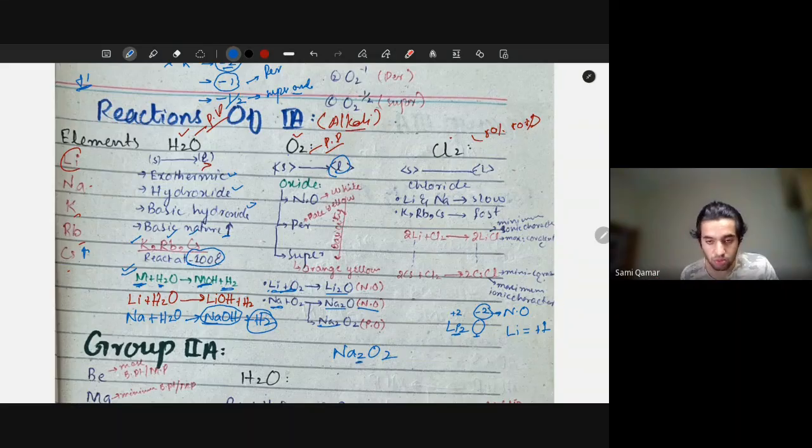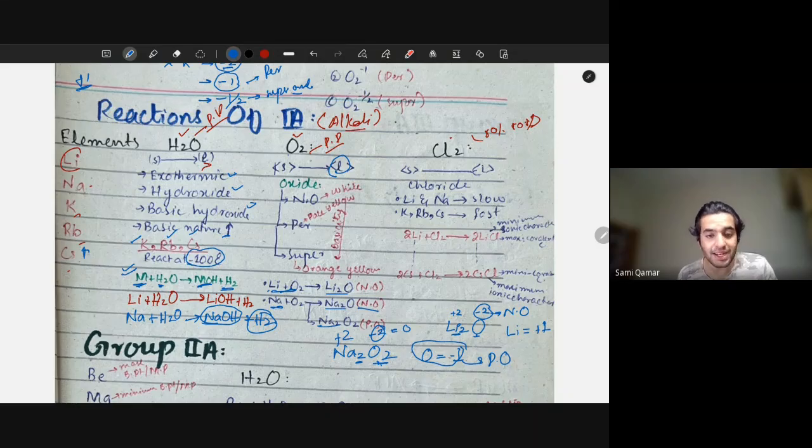So we have 2 sodium, so it will be having +2. The sum should be 0. So it means that the oxygens together are going to be -2. But now we are having 2 oxygens, so it means that one oxygen is going to be equal to -1. Oxidation number would be -1. So that's why it would be peroxide.